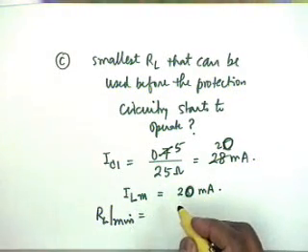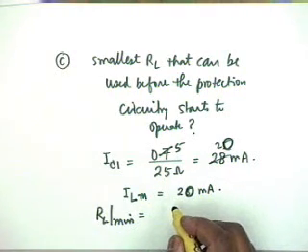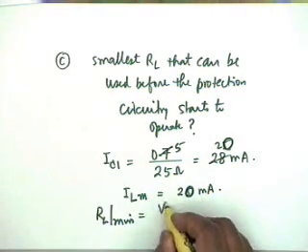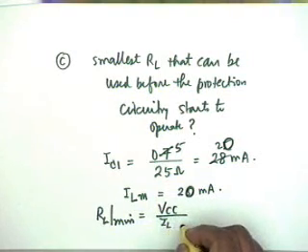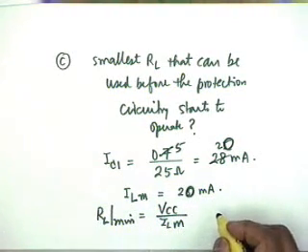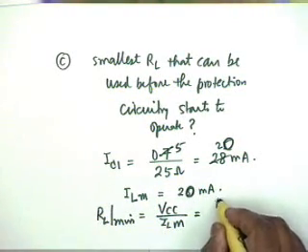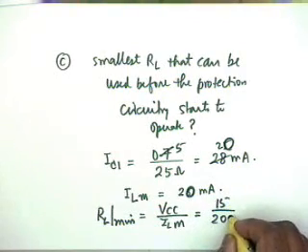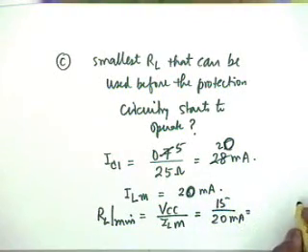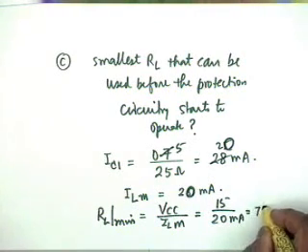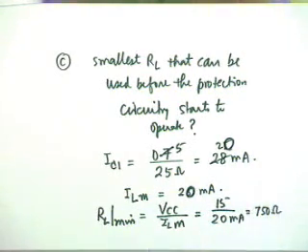Why VCC? Because this is the maximum swing across the load. So VCC divided by IL max, which is equal to 15 divided by 20 milliamps. How much is that? 750 ohms. Is that right? Milliamps, 15,000 divided by 20, 750.